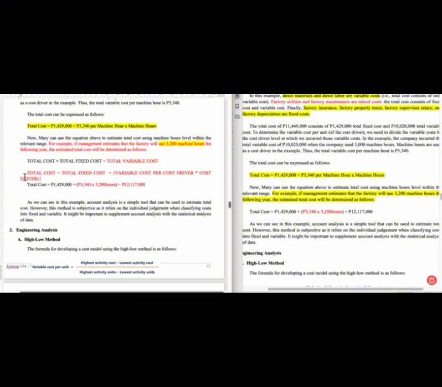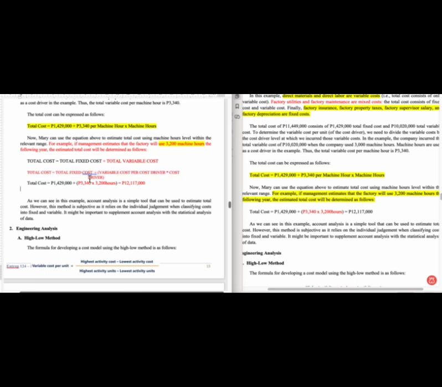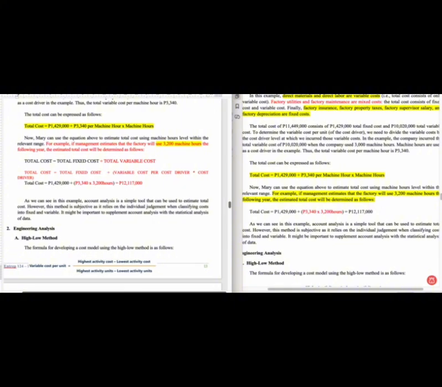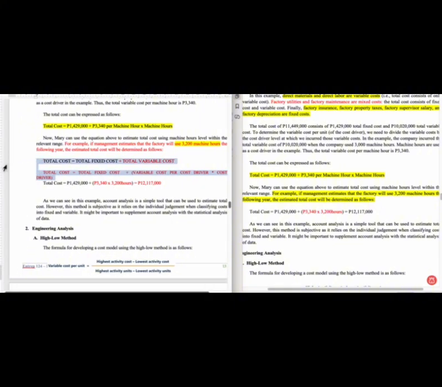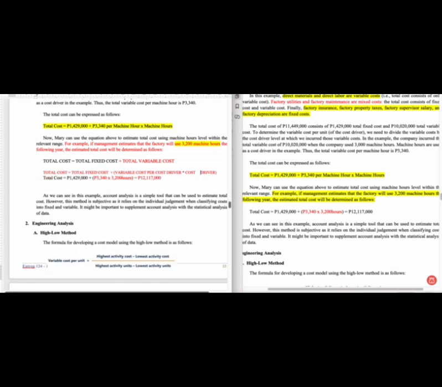In this problem, the cost driver is machine hours. So, that's the formula.